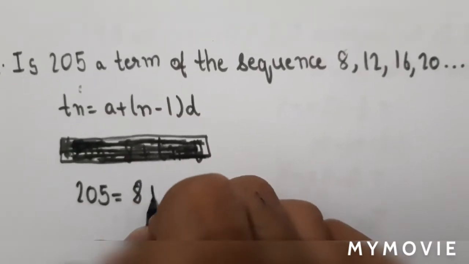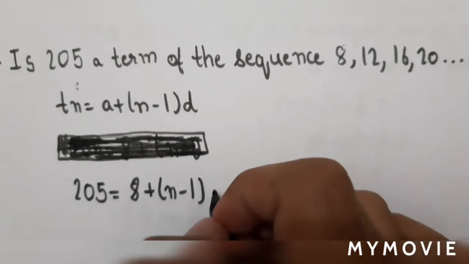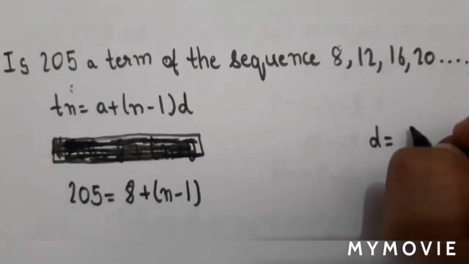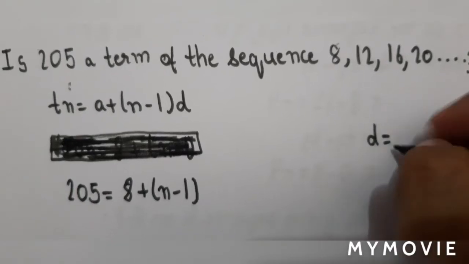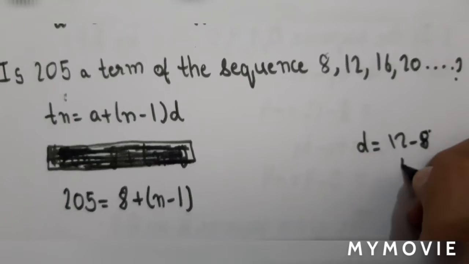We don't know n, and d we should find as the common difference. Common difference is 12 minus 8, 4.